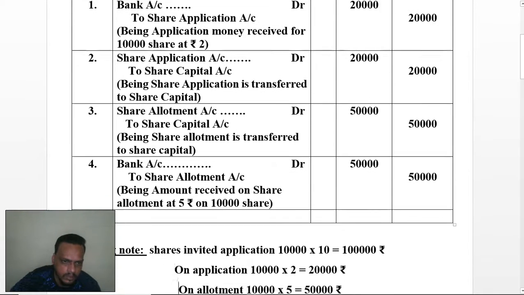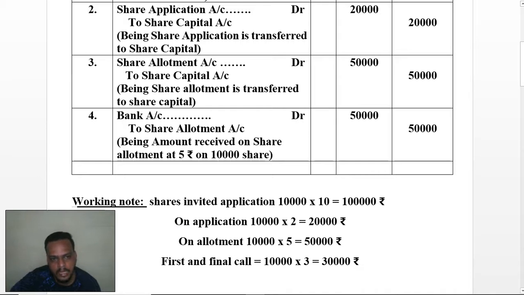In the fifth entry, it has been mentioned first and final call of rupees 3 on 10,000 shares, which is considered as 30,000 rupees. So again we will do the same as allotment.